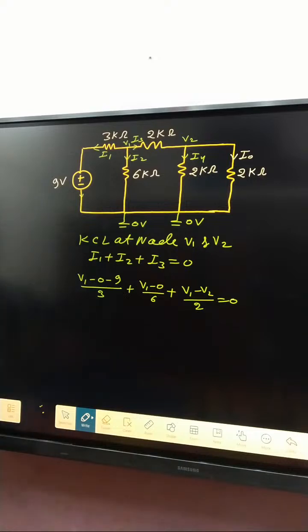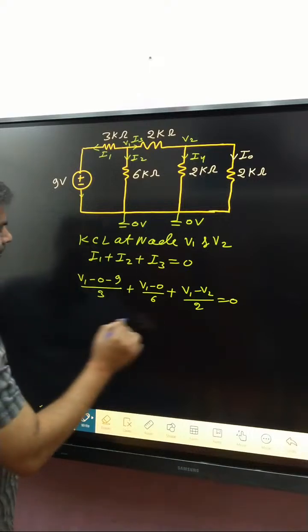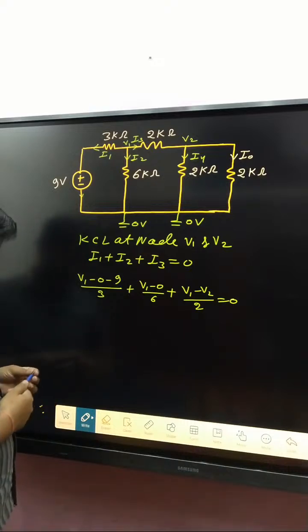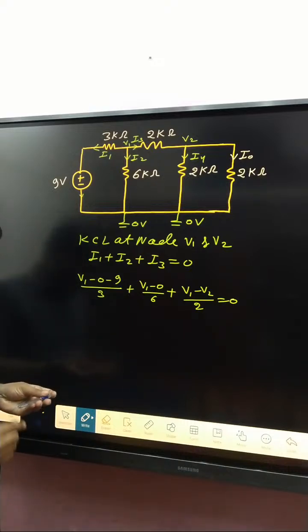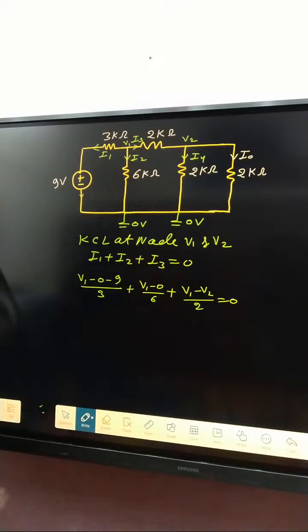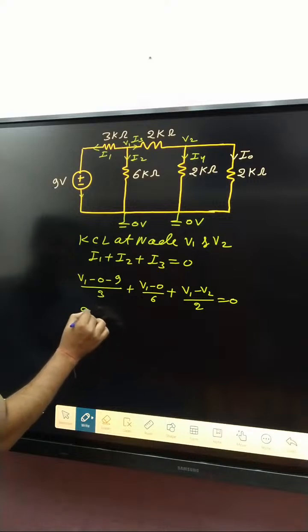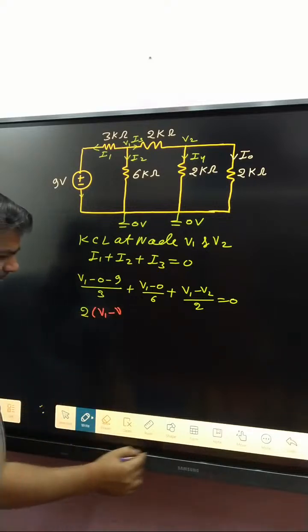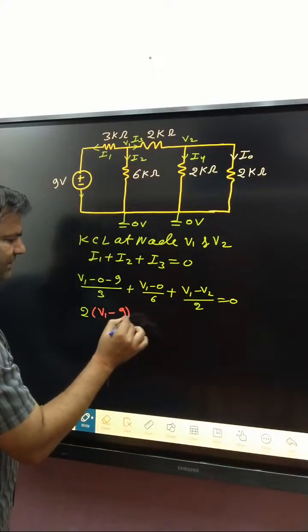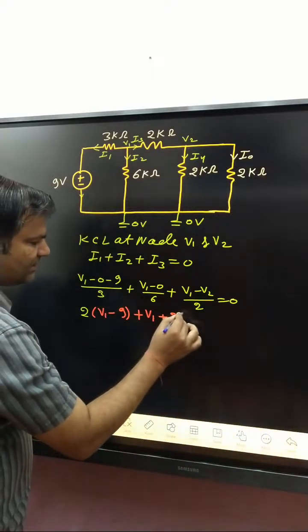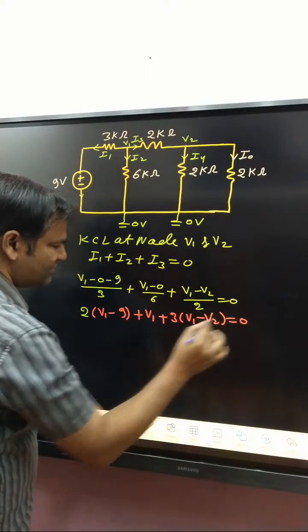Clear or not? If anyone faced doubt, then tell me, I will discuss again. Now take the LCM. If we multiply by 6 on both sides, we get 2 into V1 minus 9 plus V1 plus 3 into V1 minus V2 equal to 0.